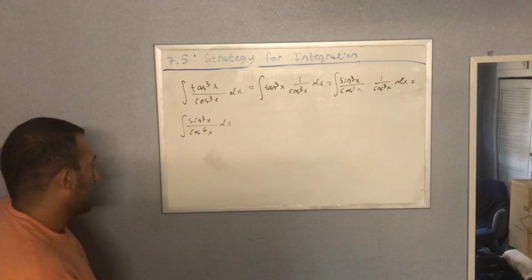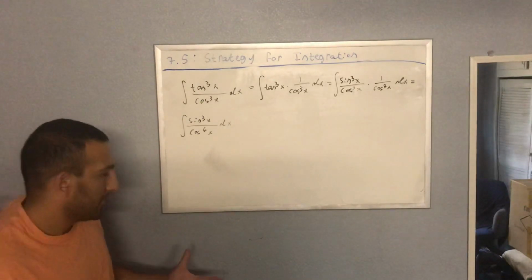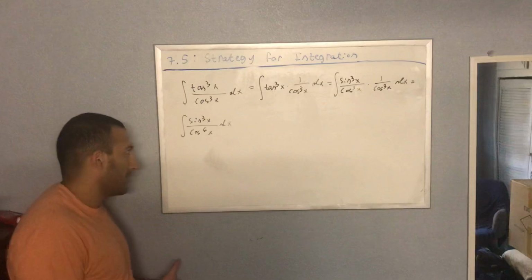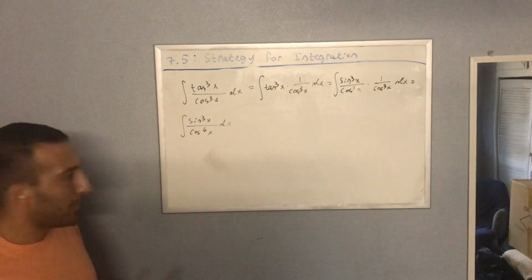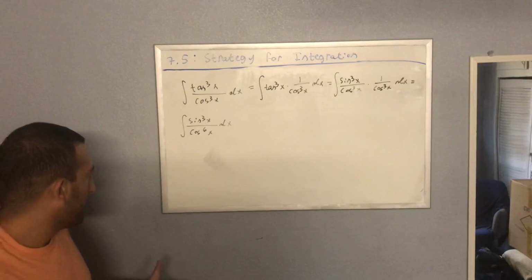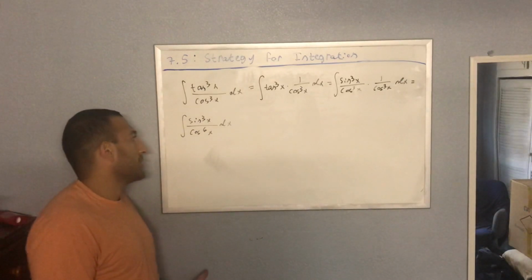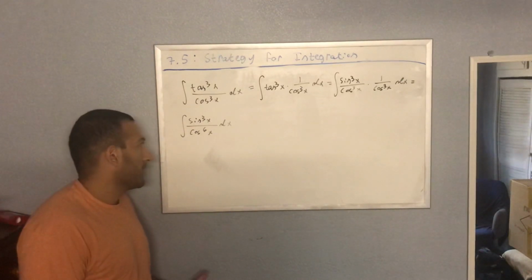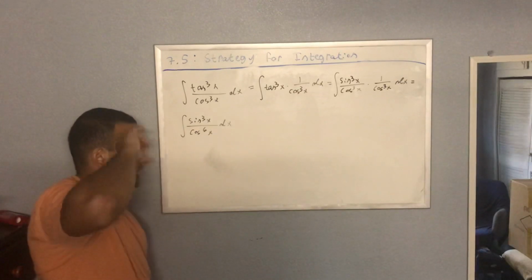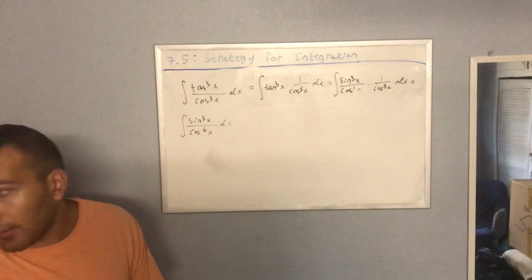Okay, so this maybe doesn't look immediately much better because you have a sine cubed and a cosine to the 6th. So that at first glance doesn't look amazing.